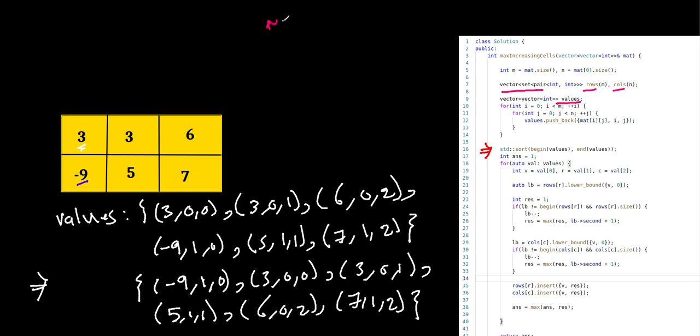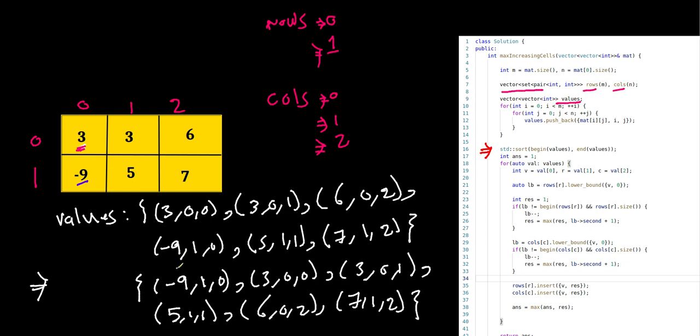Rows has 2 rows, 0 and 1, and columns has 3 columns, 0, 1, 2. Each one of these is a set of pairs. These pairs contain the value in the grid and the final result, which is the maximum number of cells to reach that cell.